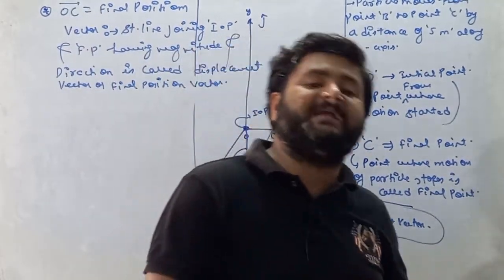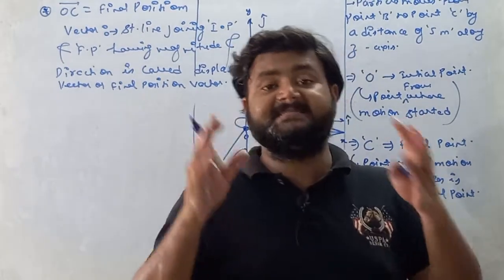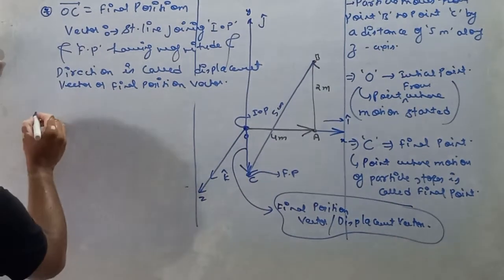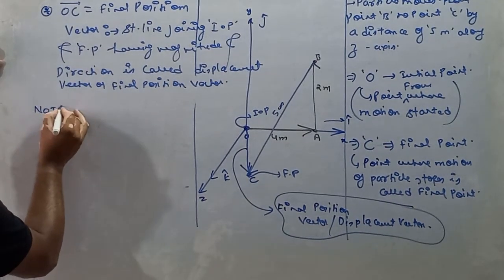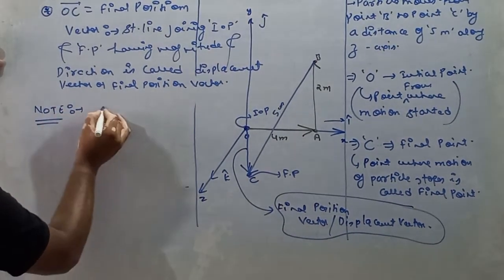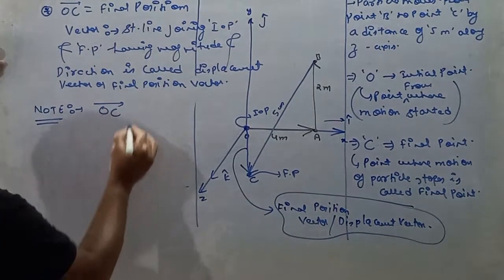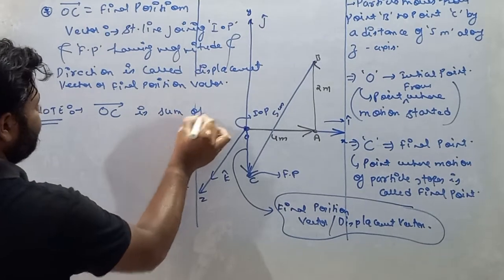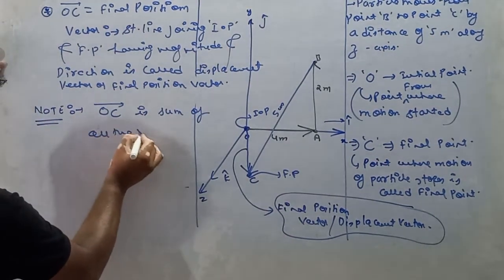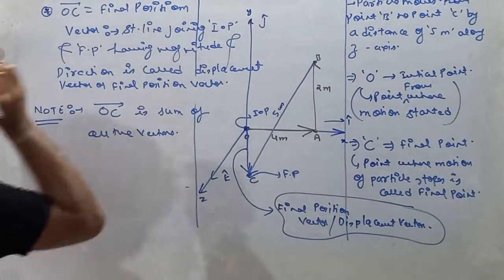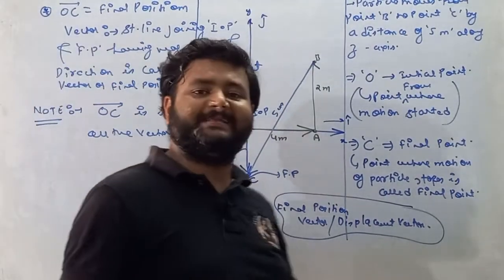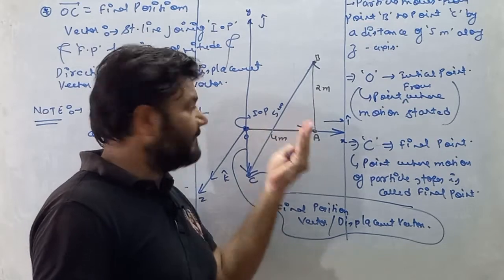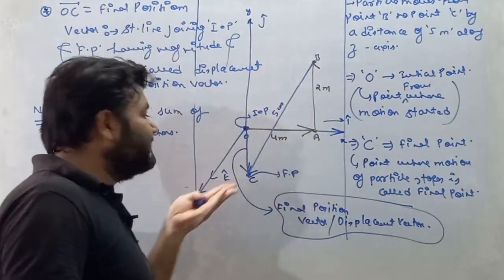Next thing about final position vector is that it is the sum of all the vectors. So I'll write here in form of note that final position vector, that is OC vector, is the sum of all the vectors. So what are the other vectors? It is OA vector, AB vector and BC vector.